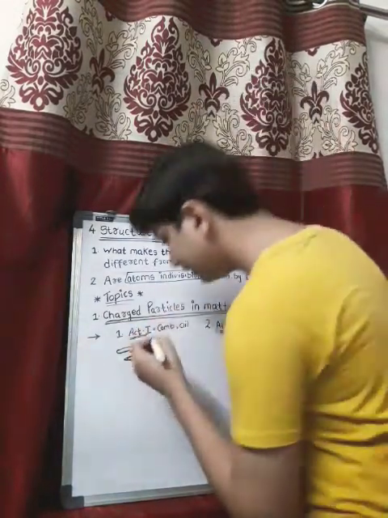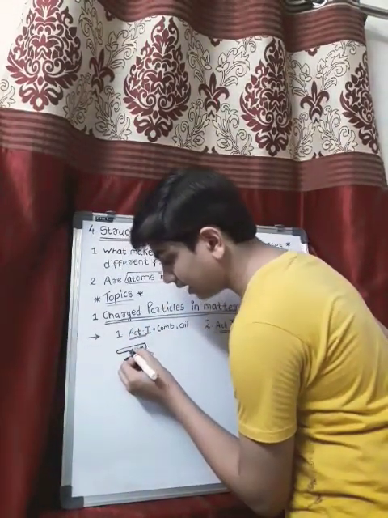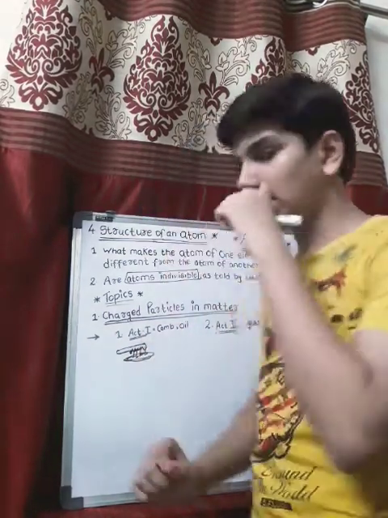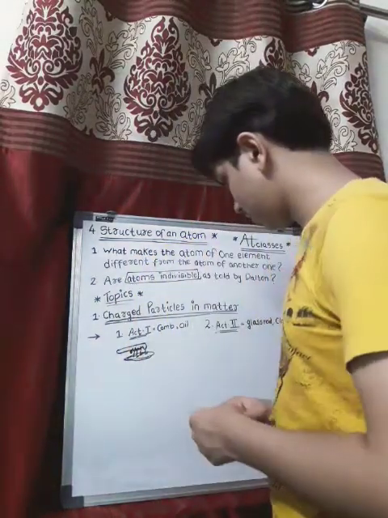You will see that these bits of paper get attracted and come up to the comb. Now why does it happen?